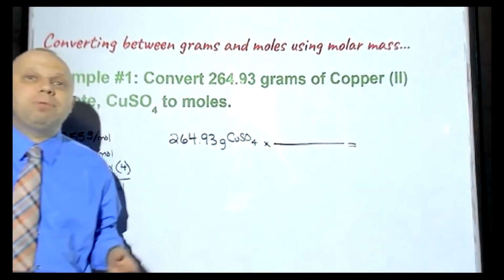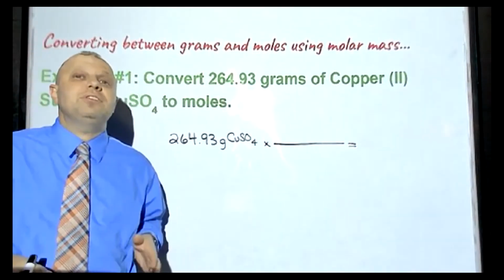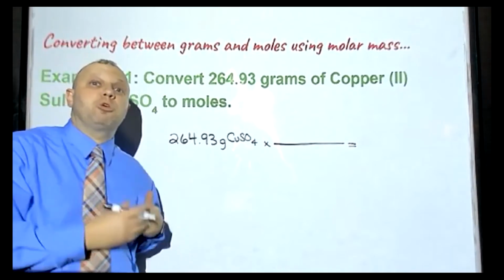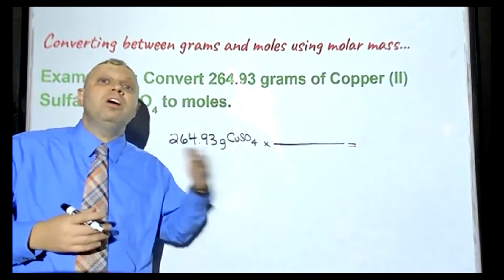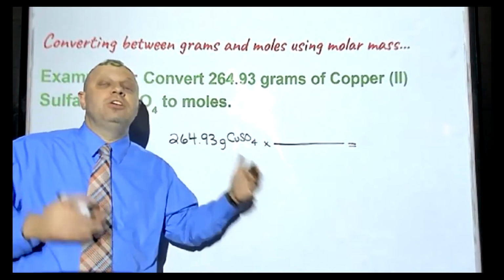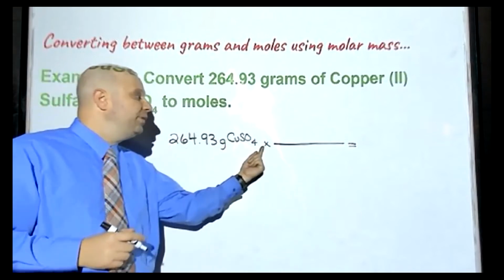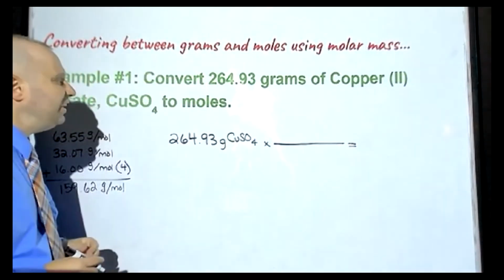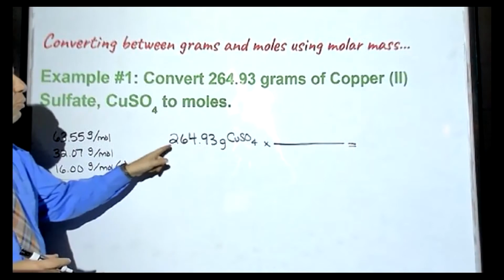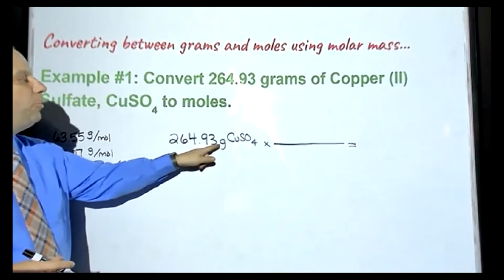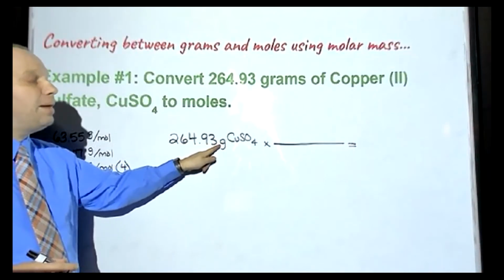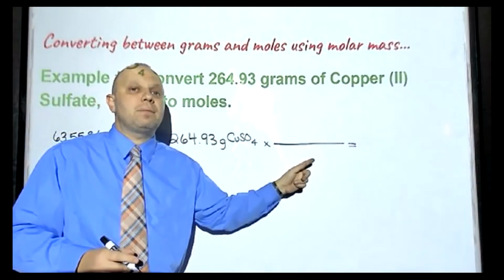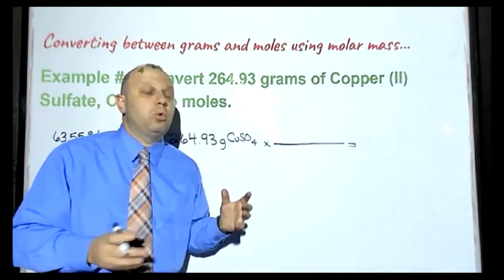In all of the problems that we are doing on today's assignment, we are only doing one conversion, either from grams to moles or from moles to grams. So one conversion only, which means I'll do times and then align just one line. In this case, we have 264.93 grams on top. That means in our fraction, grams have to go on the bottom.